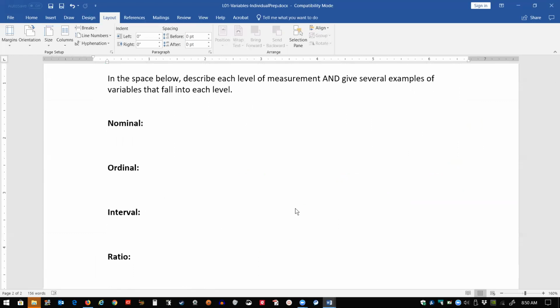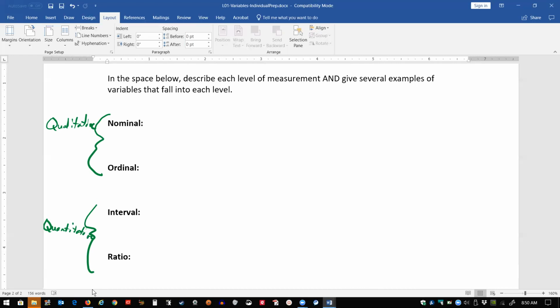Note, nominal and ordinal are categories for qualitative data. Interval and ratio are categories for our quantitative data. Just to make that distinction: don't take a quantitative variable and call it nominal, okay? It won't make sense.